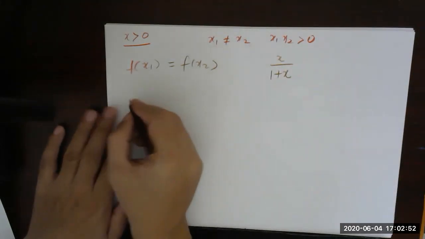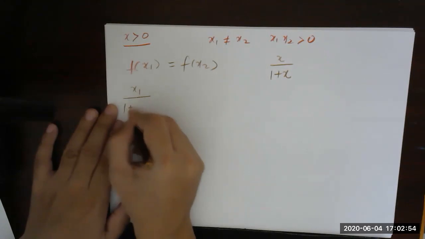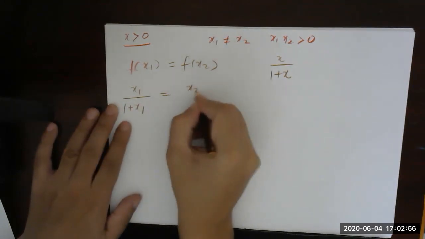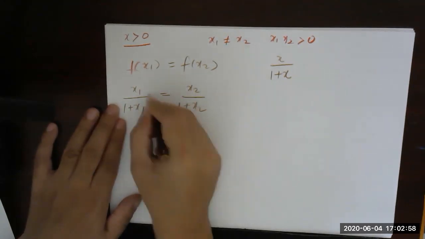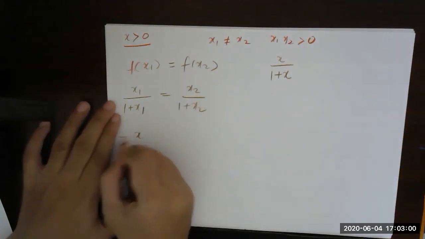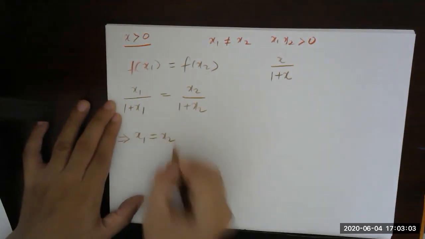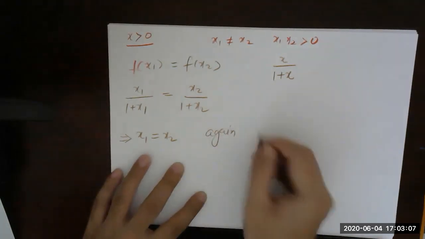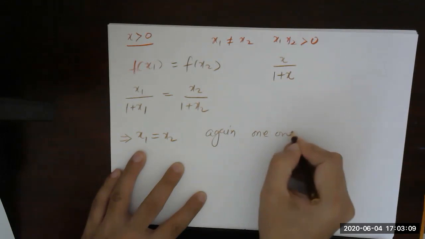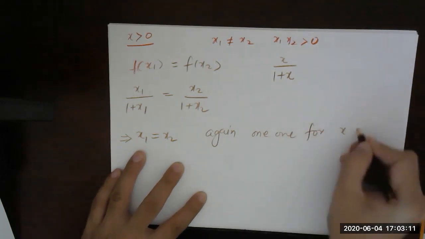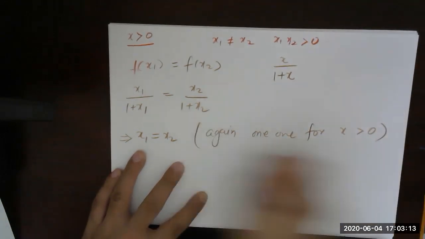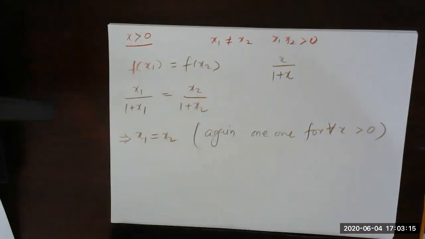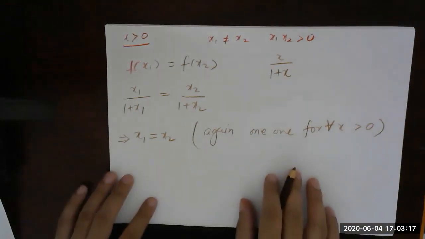So we'll simply substitute x1 upon 1 plus x1 equals x2 upon 1 plus x2. When I cross multiply, I will again get x1 equals x2. This means the function is again one-one for all x greater than 0, right? So till here I think you have understood, right?